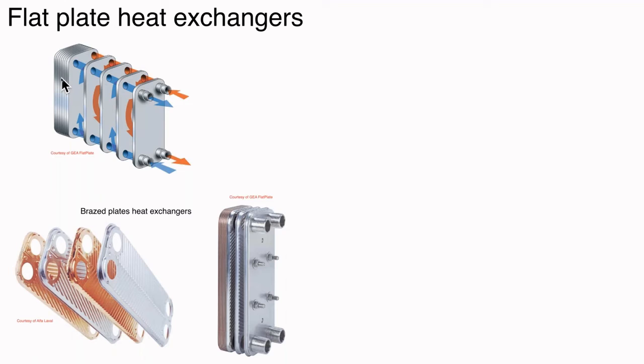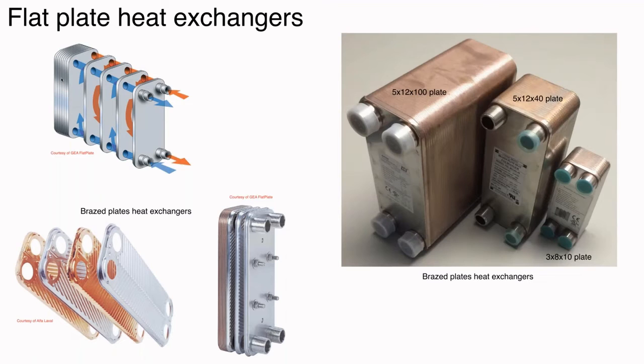So we have alternating channels, and the beauty of this design is it puts a lot of surface area in a relatively small package. That is good because it increases the heat transfer capability of the heat exchanger without using a lot of additional metal or requiring a much larger space. Several companies make these, in a wide variety of configurations.